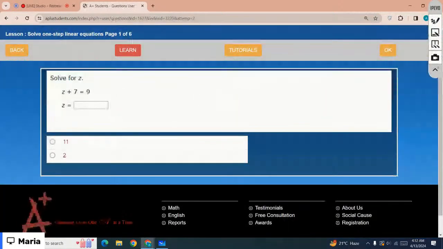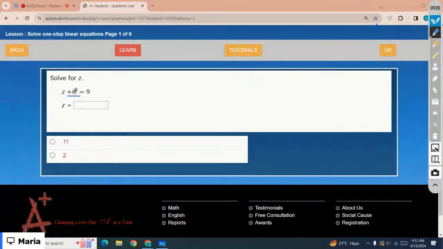Okay, z plus 7 equals 9. Let's just see how do we solve. So move 7 other side, right? Z, 7 is adding here. You have to subtract other side. 9 minus 7 is 2.